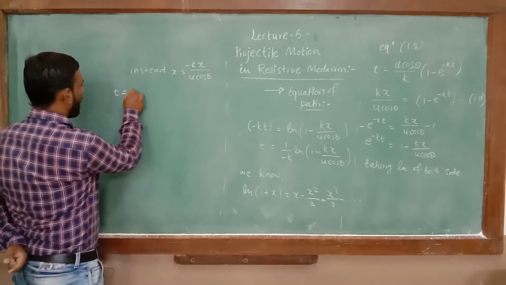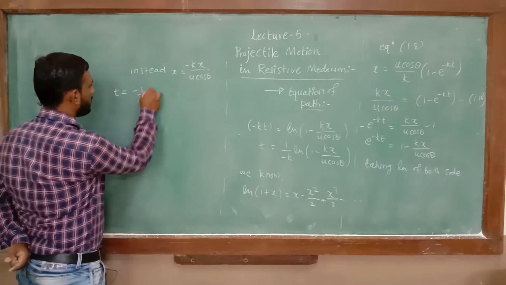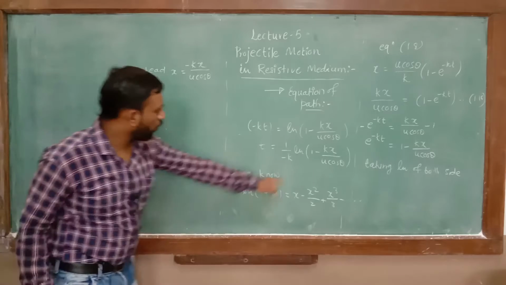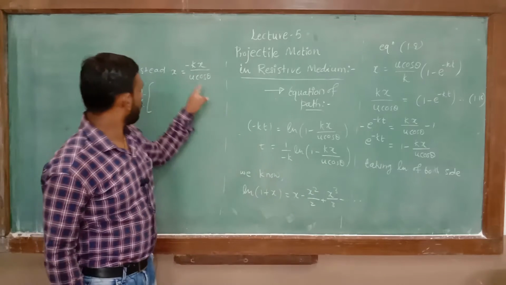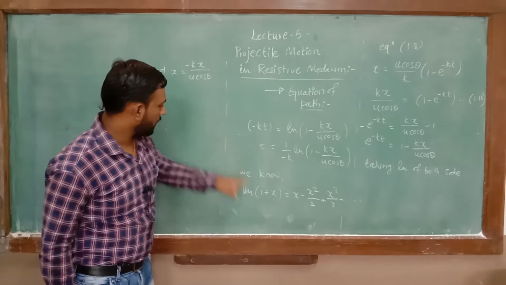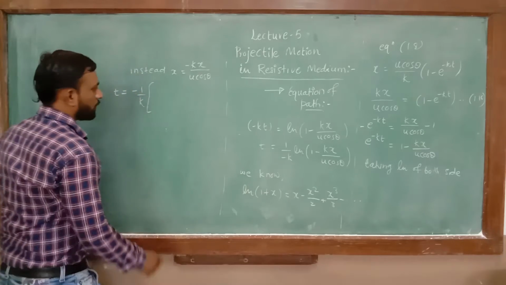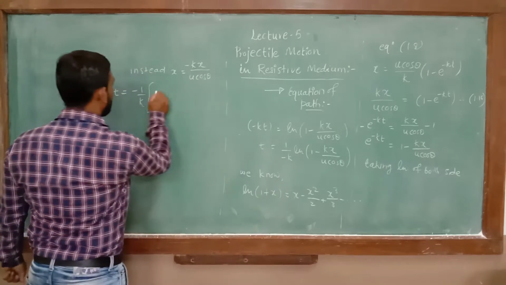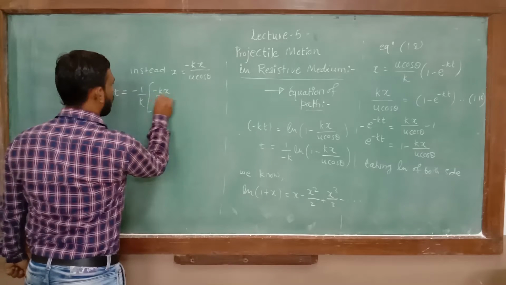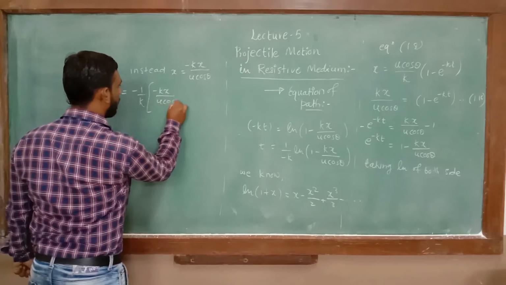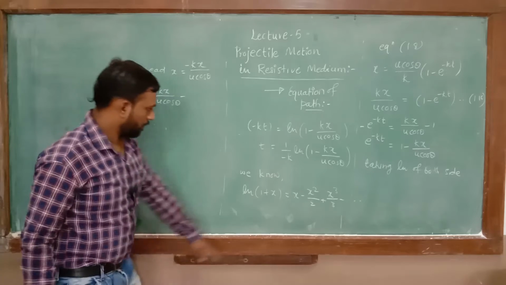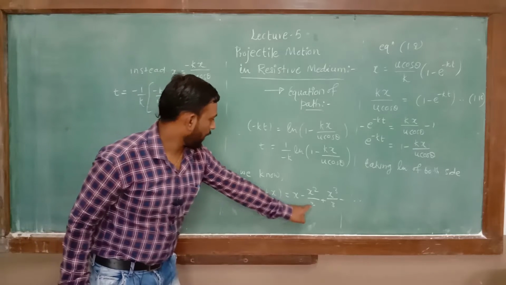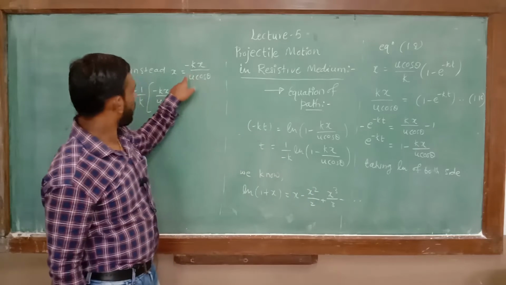So 1 minus k as it is, and for ln(1 - kx / (u cos θ)), instead of x we put minus kx / (u cos θ) into the expansion. So what is the x value? Minus kx / (u cos θ), minus sign as it is, and what is the square of this negative term?